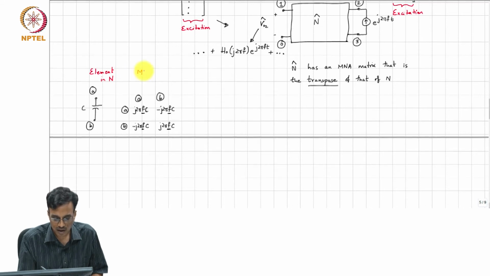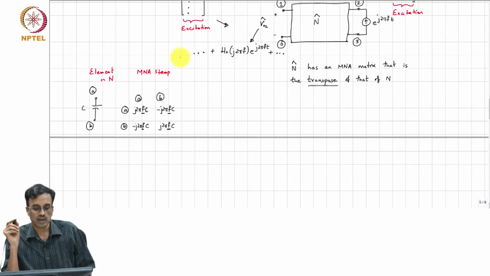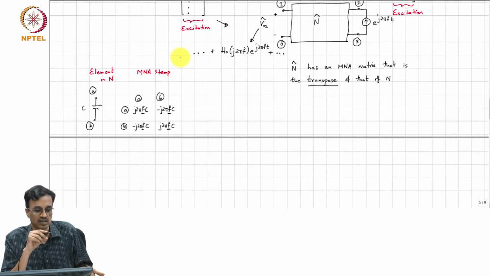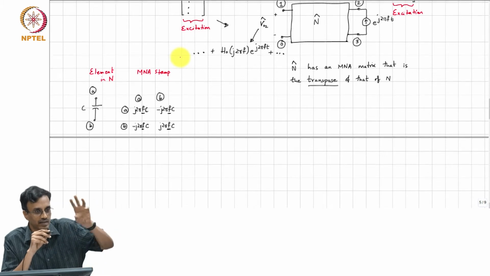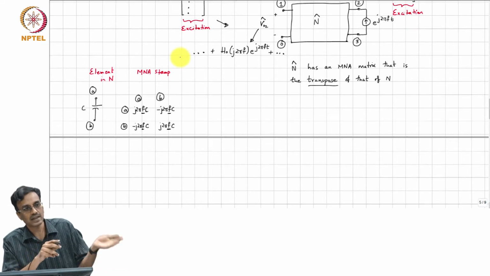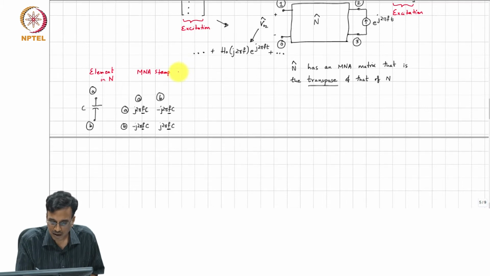This is the MNA stamp of that element, right. Now, we remember that G matrix is simply the sum of the MNA stamps of the individual elements. So, transposing the G matrix is equivalent to saying I will form a network where I replace each element in the original network by an element whose MNA stamp is the transpose of that of the original. So, if I transpose the MNA stamp, what will I get?